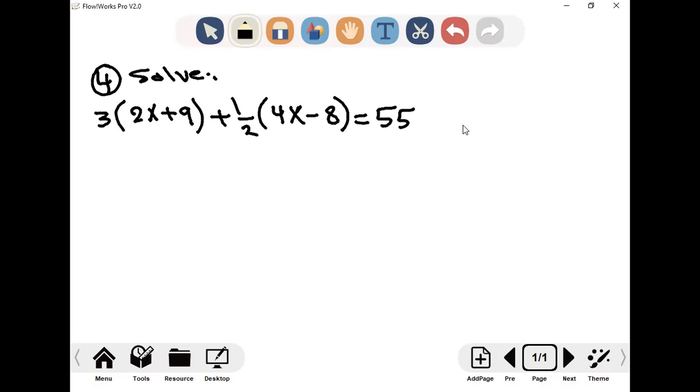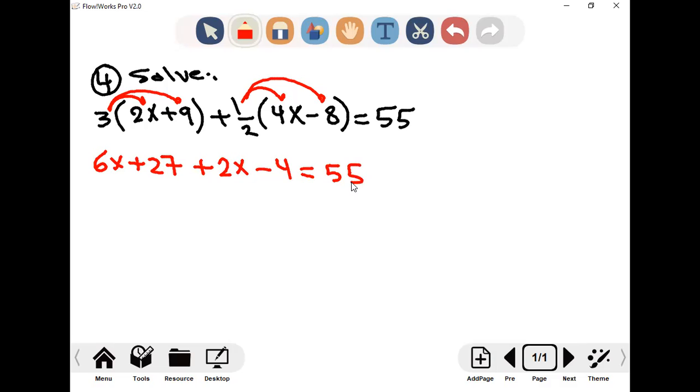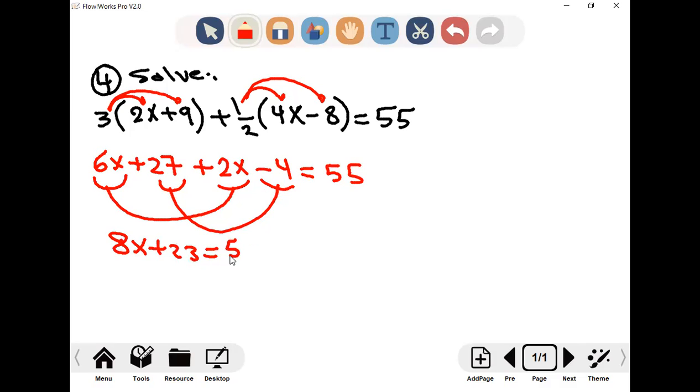So let's distribute the 3 first, then the half, then simplify. 3 by 2x, 6x plus 27. Half of 4x, 2x, half of negative 8, negative 4, all equal 55. Now the like terms together: 6x plus 2x, 8x. 27 minus 4, 23, all equal 55.